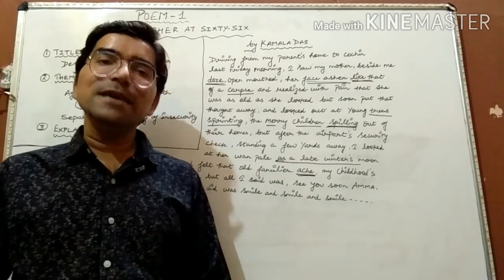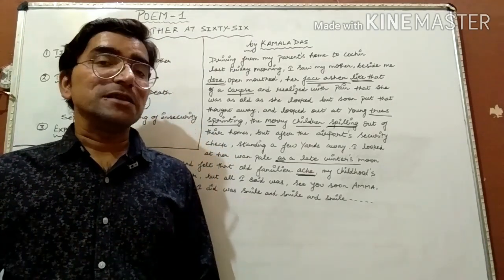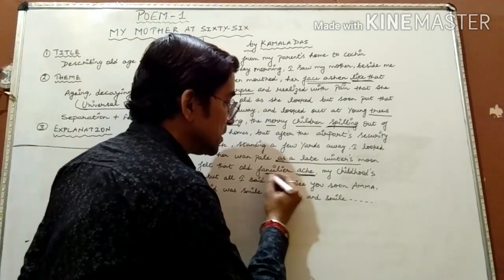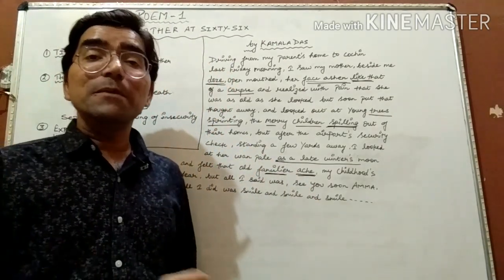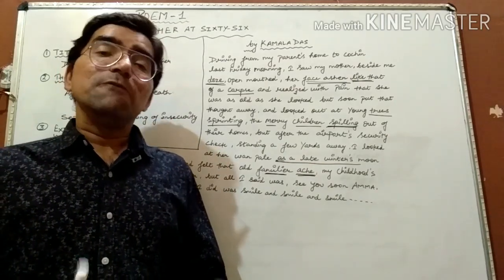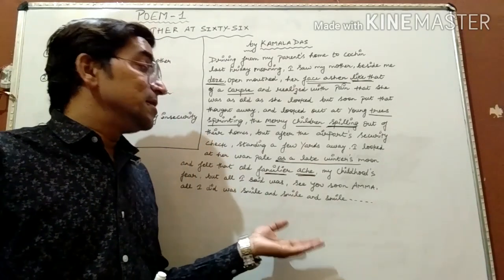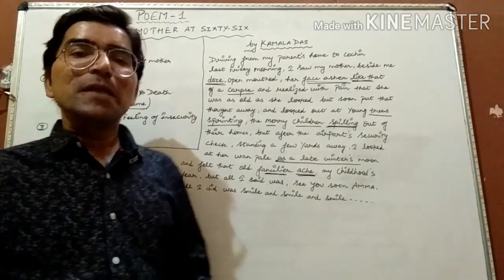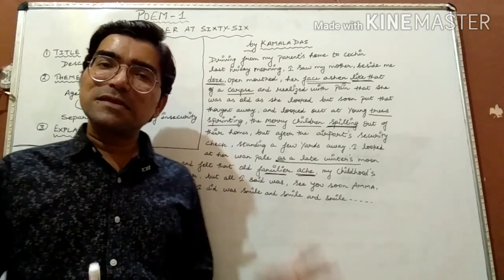Because her mother is getting older and older with the passage of time. And what familiar ache is she talking about? What familiar pain? The pain which she had experienced earlier. What sort of pain is she talking about in this statement?